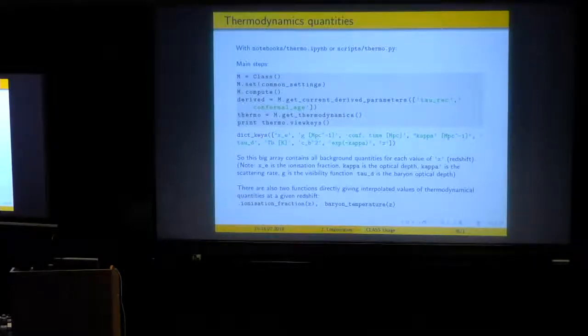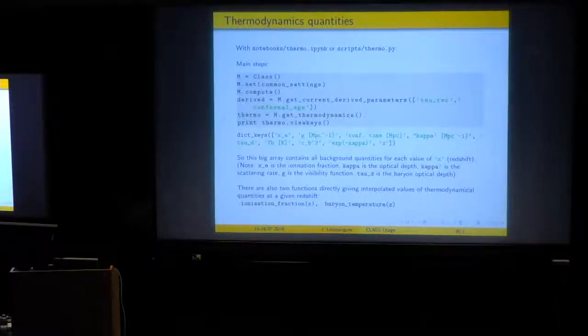This is the redshift. This is the ionization fraction, the visibility function, the conformal time. Kappa prime is the Thomson scattering rate. Tau d is the time of the baryon drag. TB is the temperature of the baryons. CB square is the sound speed square of the baryons.